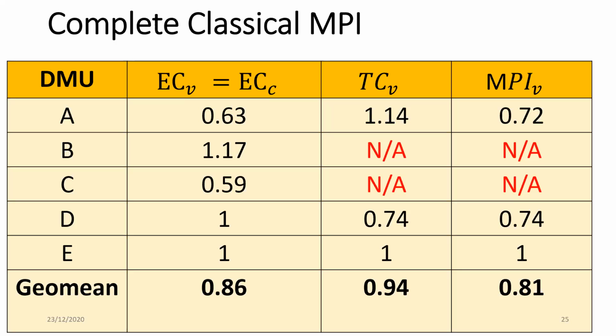So in the end, do you know what some people do? They drop these DMUs. They drop B, they drop C. What if you have 100 DMUs and 80 of them have this cross-period efficiency problem? What is going to happen, Dinah? What's going to happen?